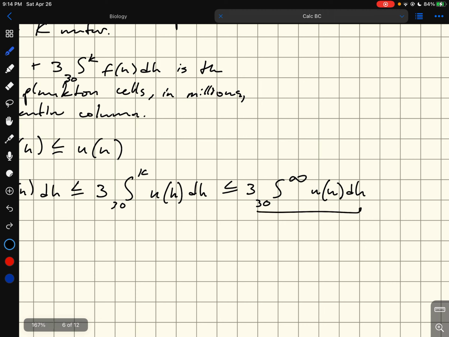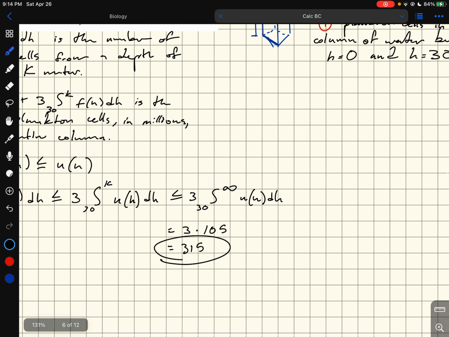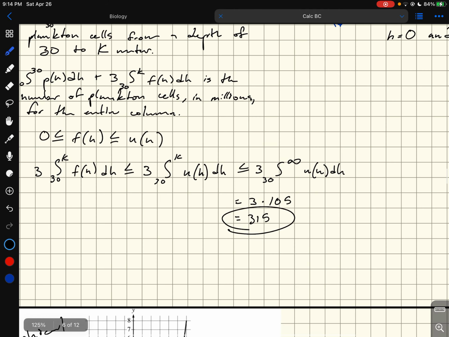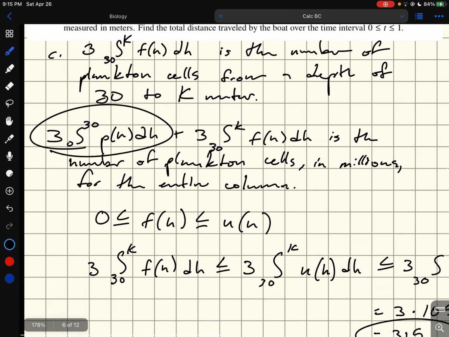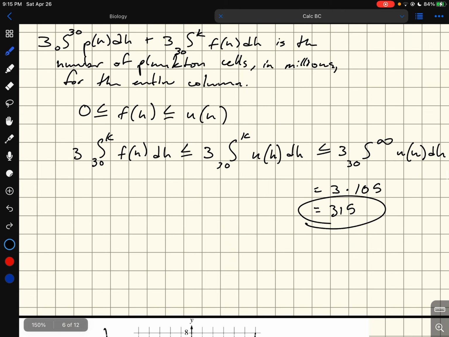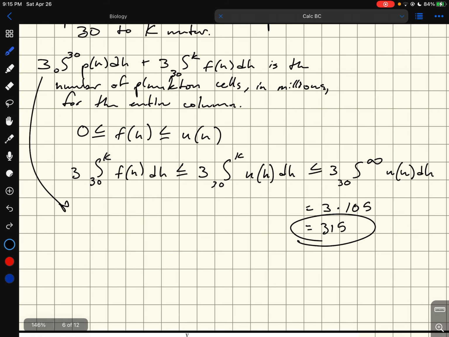So if we replaced this part with 105, we get 3 times 105, which is 315. So this is the maximum number of plankton cells that we could have after a depth of 30 meters. So we're going to add that to the number of plankton cells from 0 to 30, because then that would give us the number of plankton cells at a maximum, because it's going to infinity, for the entire column.